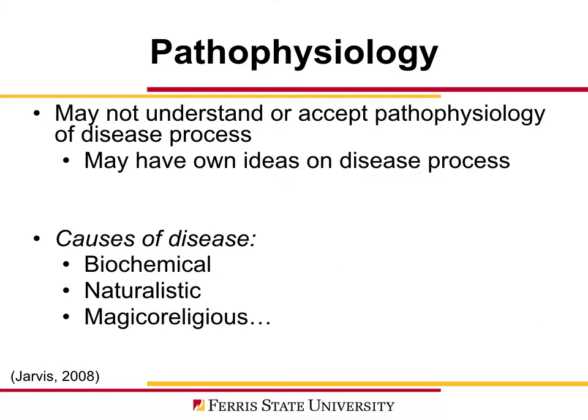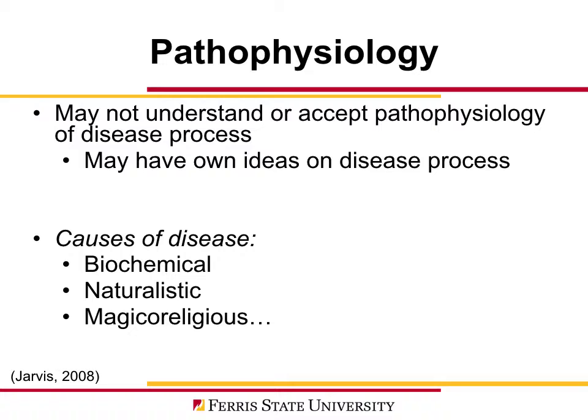Next, we'll move on to how pathophysiology and culture are interconnected. Different cultures will have different explanations for disease processes, and they might not understand or accept the pathophysiology of a disease that we're explaining to them. Three major ideas of causes of disease are: biochemical, which is what we use in our culture mostly.